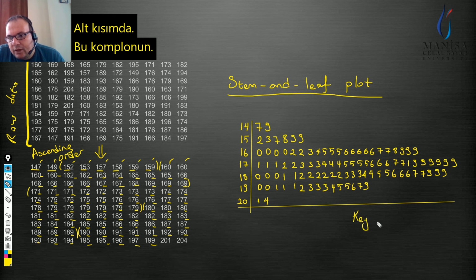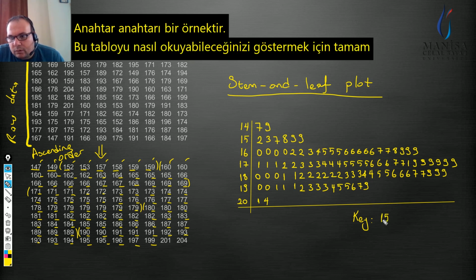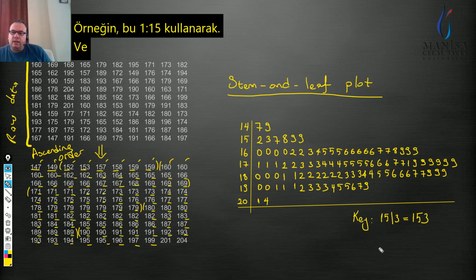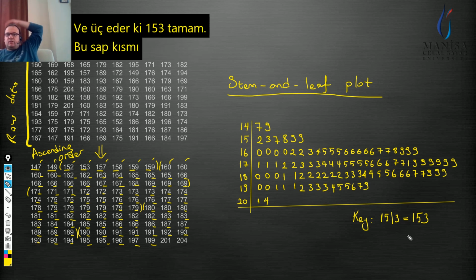A key is an example to show you how to read this table. For example, using this one, 15 and 3 makes it 153. This is the stem part and this is the leaf part.